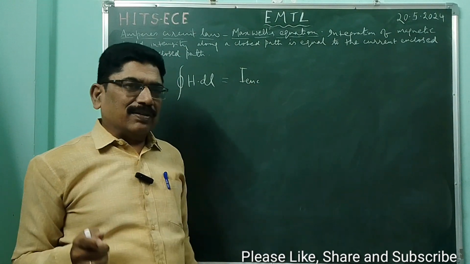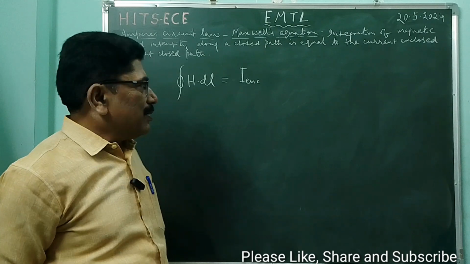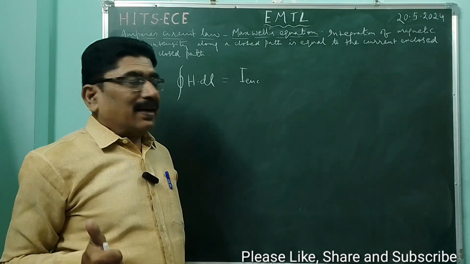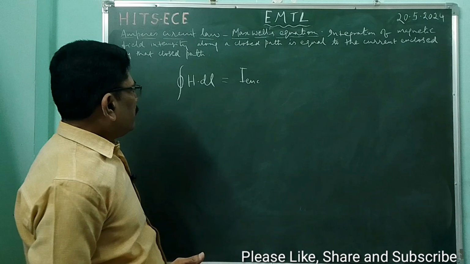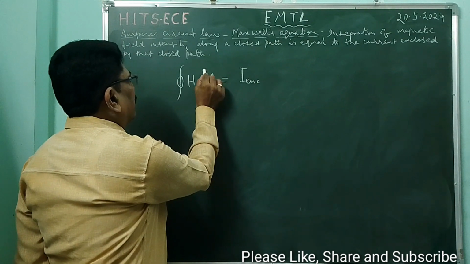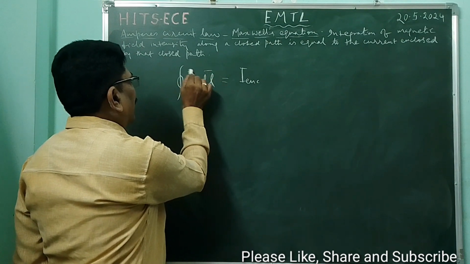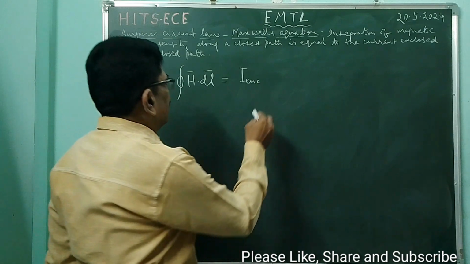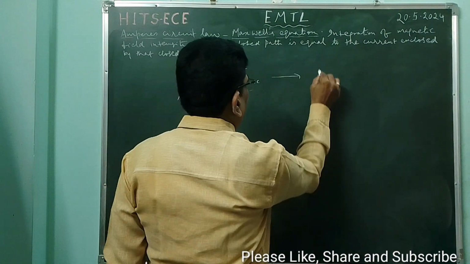I will show you how to find the direction of that closed path also by using the right hand thumb rule. Both are vectors. So this is equation number 1.